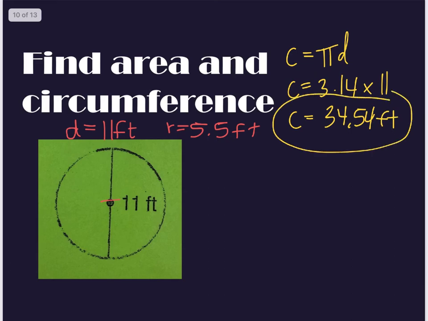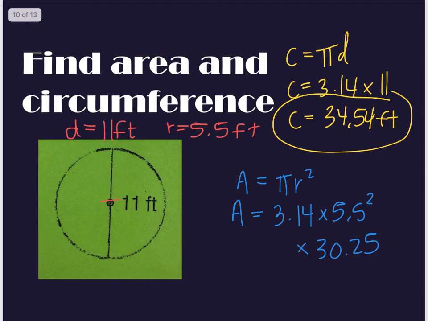And now let's do our area, which we said was pi r squared. So our area equals 3.14 times radius is 5.5 squared. So first do 5.5 times 5.5, which would give you 30.25.